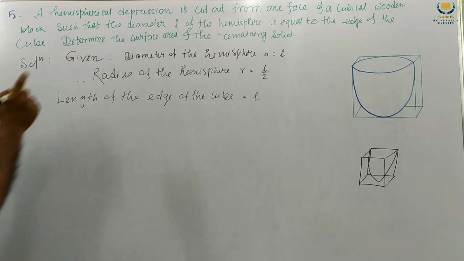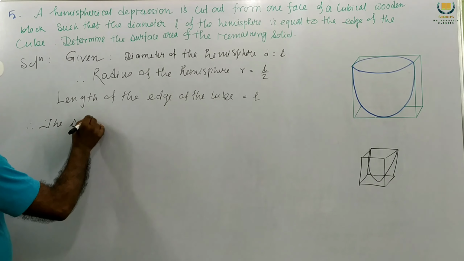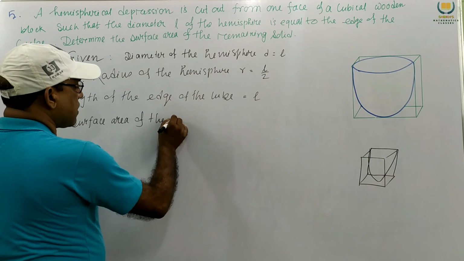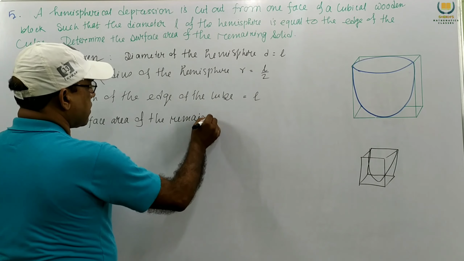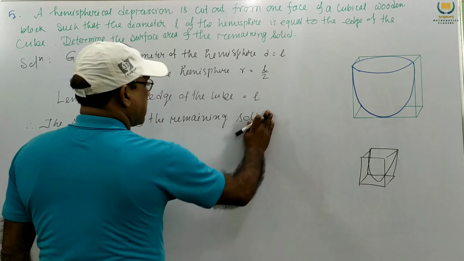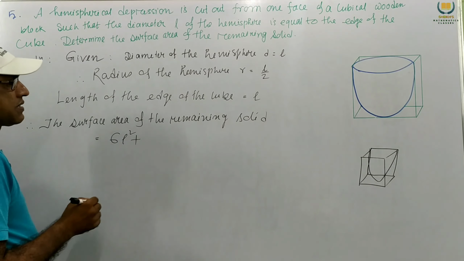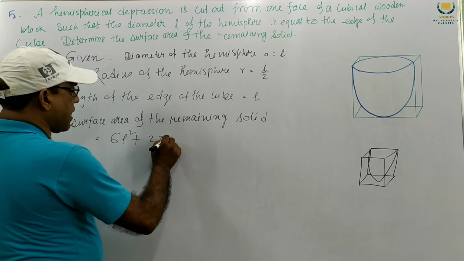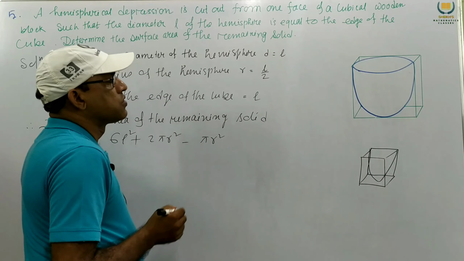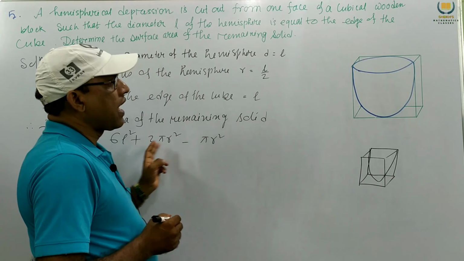So to determine the surface area of the remaining solid: the surface area of the remaining solid equals 6L square plus 2 pi r square minus pi r square.